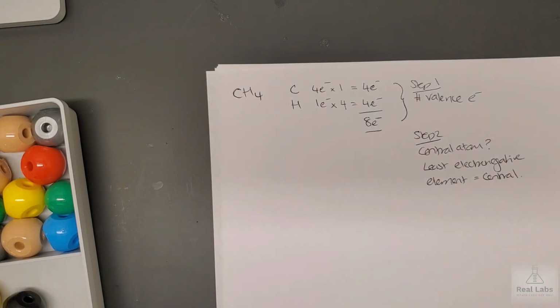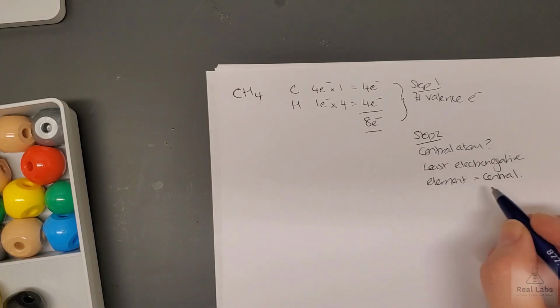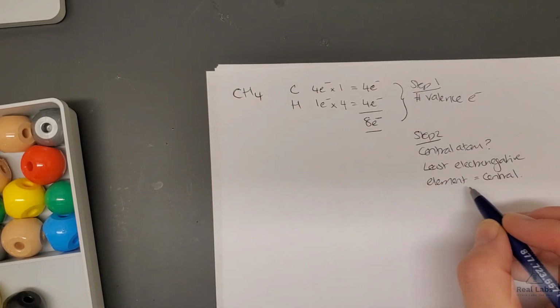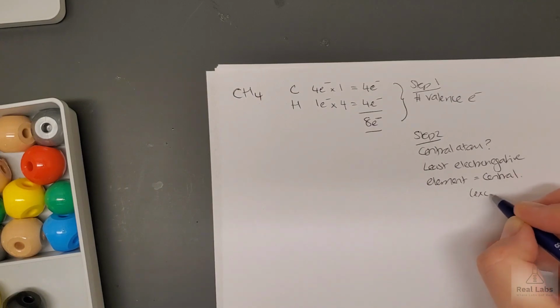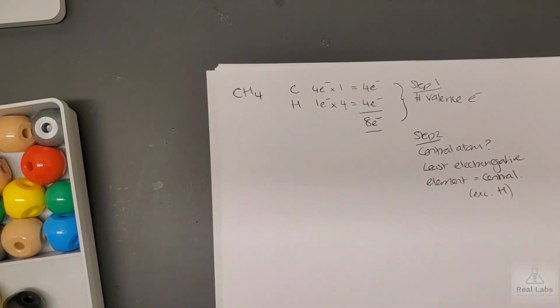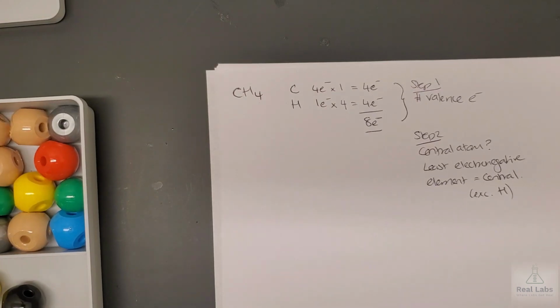The hydrogen cannot go in the middle because it can only form one bond, so it will always have to be on the outside. So my recommendation here is to consider the least electronegative element to be the central atom, except, of course, hydrogen. So technically, in this instance, the hydrogen might be a little less electronegative, but the reality is the carbon is the central atom here.